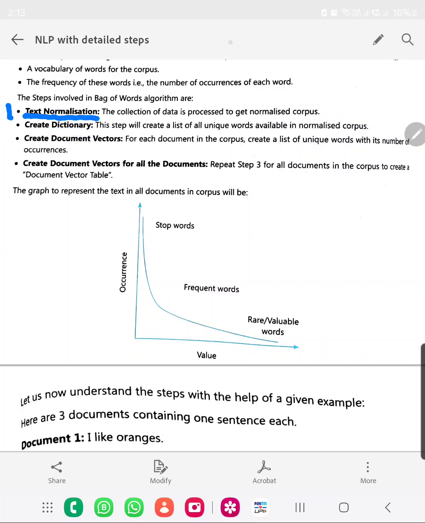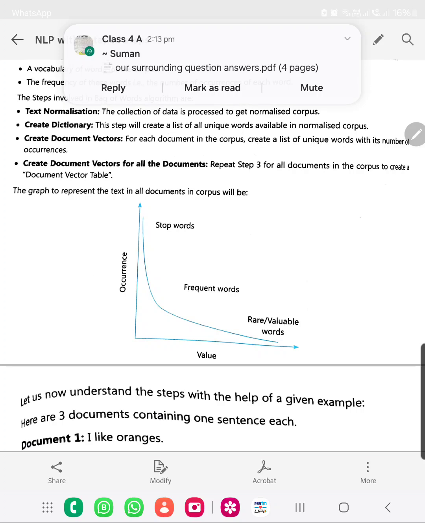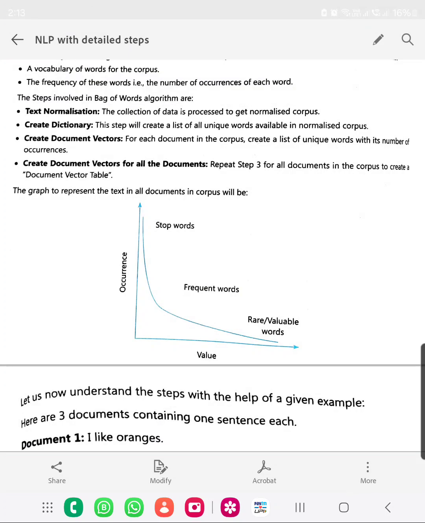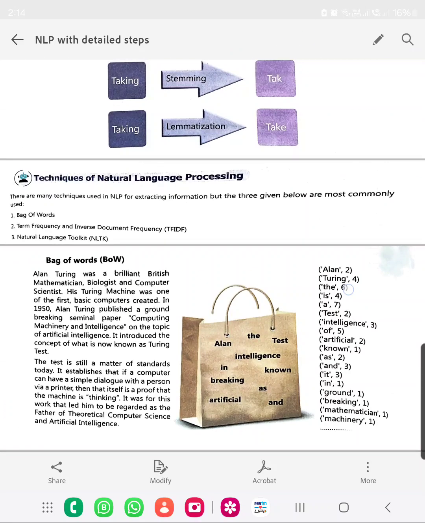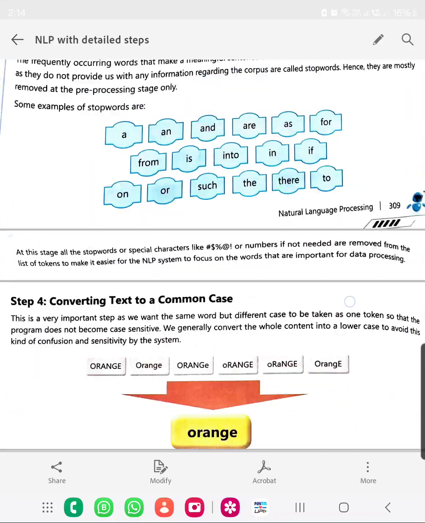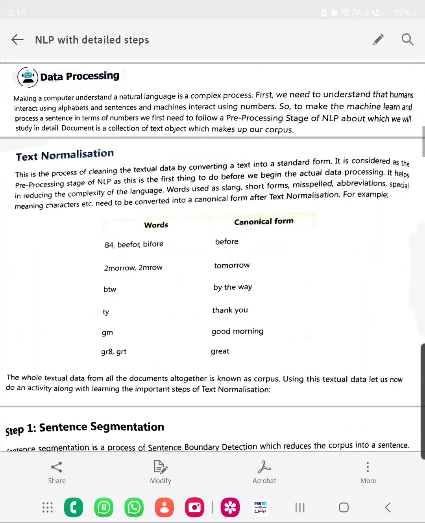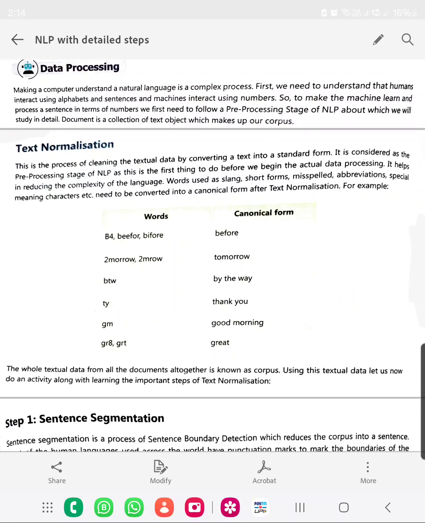So what is text normalization? You would know if you have seen my previous videos. The collection of data is processed to get the normalized corpus. In text normalization, we bring the data into a normal form. If we have written shortcuts, short forms of a word, or abbreviations, all these have to be expanded to the basic standard form.